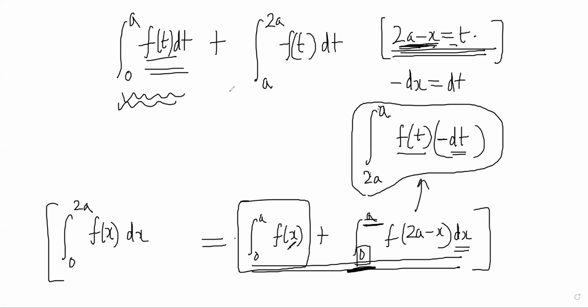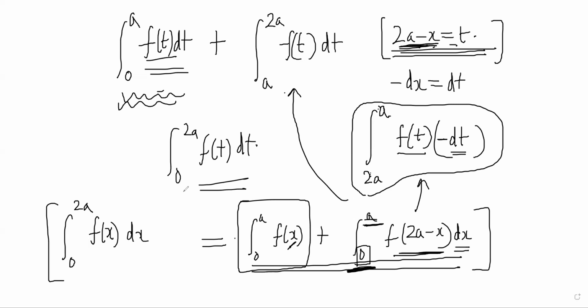Yes, sir. So this thing is getting converted to this, and this plus this is obviously 0 to 2a f of t. Right? Earlier when I asked you first, this is what you had split it into, 0 to a and a to 2a, right?